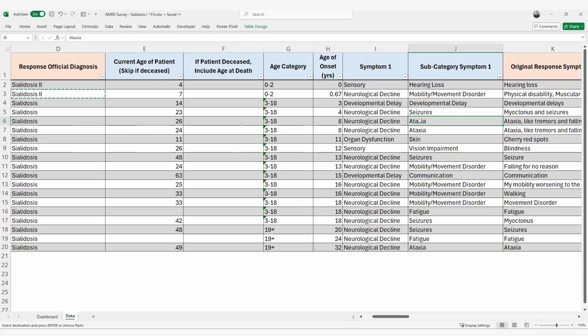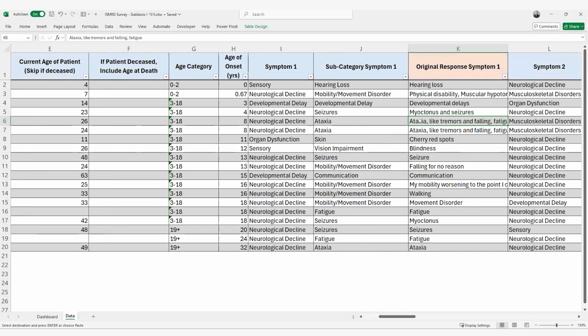So really, it's not necessarily a neurological decline. However, that's how the questions were laid out. Certainly, ataxia, tremors, falling, these are absolutely spot on. Cherry red spots, depending where they are in the retina, cause different kinds of sight issues.